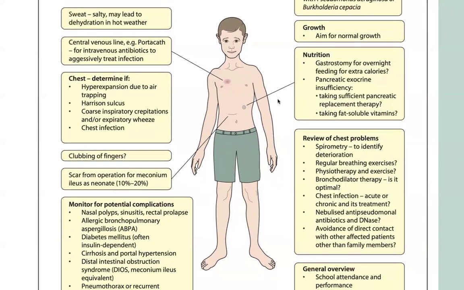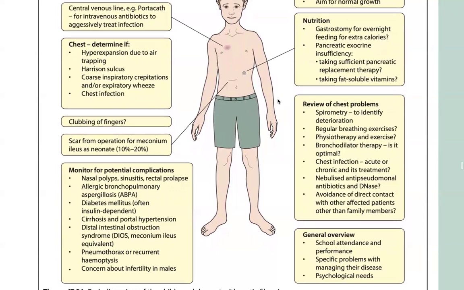Scar from operation for meconium ileus in the neonate. Potential complications: nasal polyps, sinusitis, rectal prolapse, allergic bronchopulmonary aspergillosis, diabetes mellitus, often insulin dependent, liver disease with cirrhosis and portal hypertension, distal intestinal obstruction syndrome, pneumothorax, and recurrent haemoptysis. Concern about infertility in males.